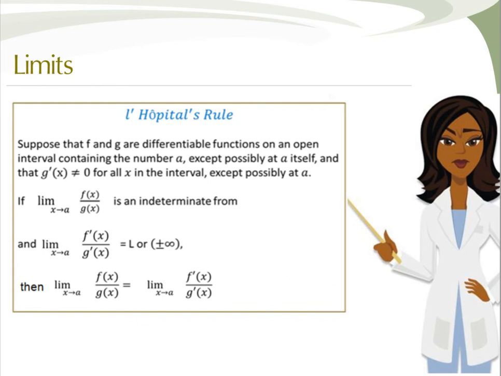If f of x divided by g of x is an indeterminate form, and the limit as x approaches a of f prime of x divided by g prime of x is equal to some number L, or plus or minus infinity, then the limit as x approaches a of f of x divided by g of x is equal to the limit as x approaches a of f prime of x divided by g prime of x. This rule helps you answer the question about the existence of limits in many situations that you were incapable of answering in Chapter 2.